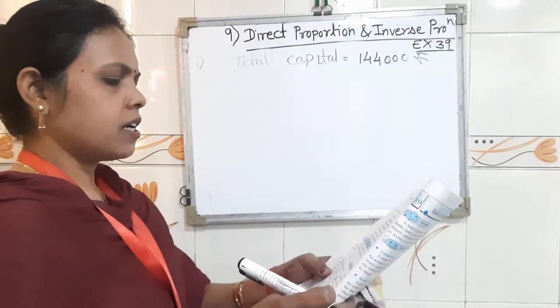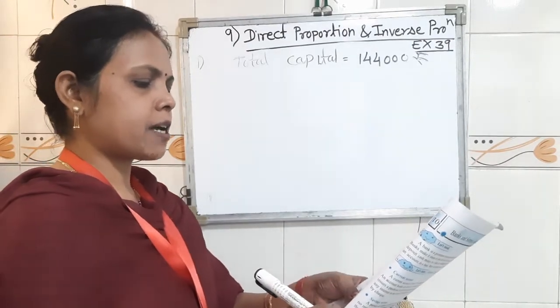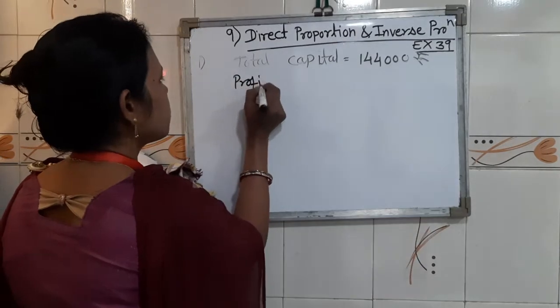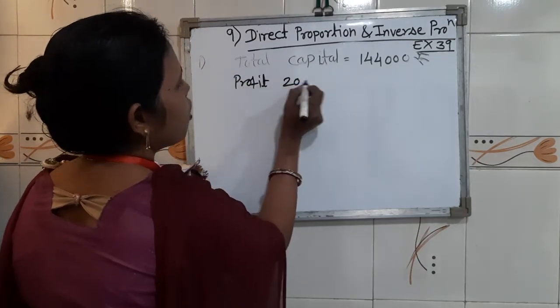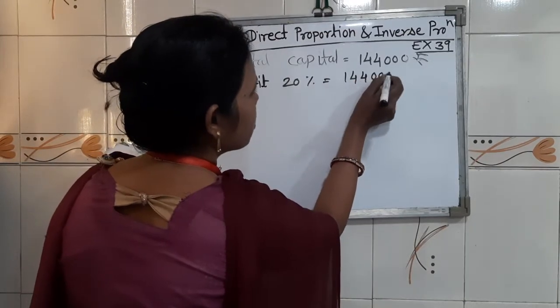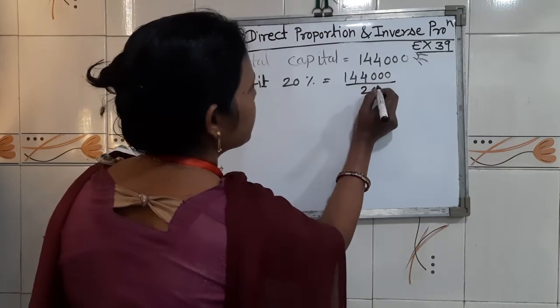Next statement, after some years they sold it at a profit of 20%. Profit equal to 20% of 1,44,000, that is 1,44,000 upon 20.